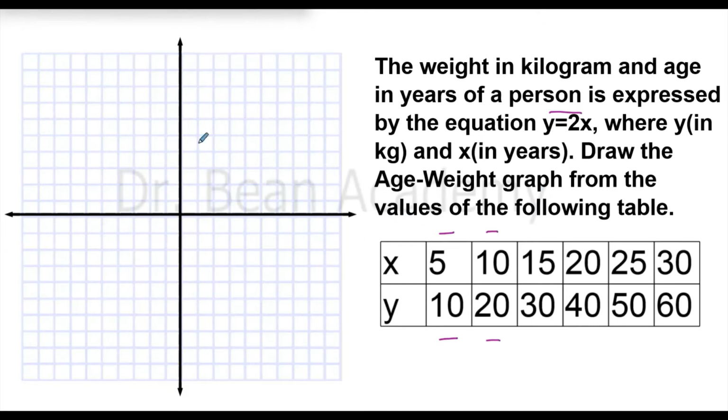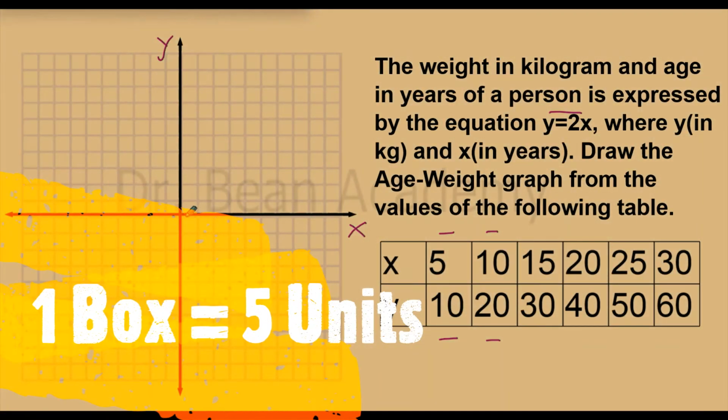Now it's time to draw the graph. So here I have a sample of a grid or graph paper. The horizontal axis is the x axis, and the vertical is the y axis. Now I have to choose the values. I take one box equals 1 unit horizontally.